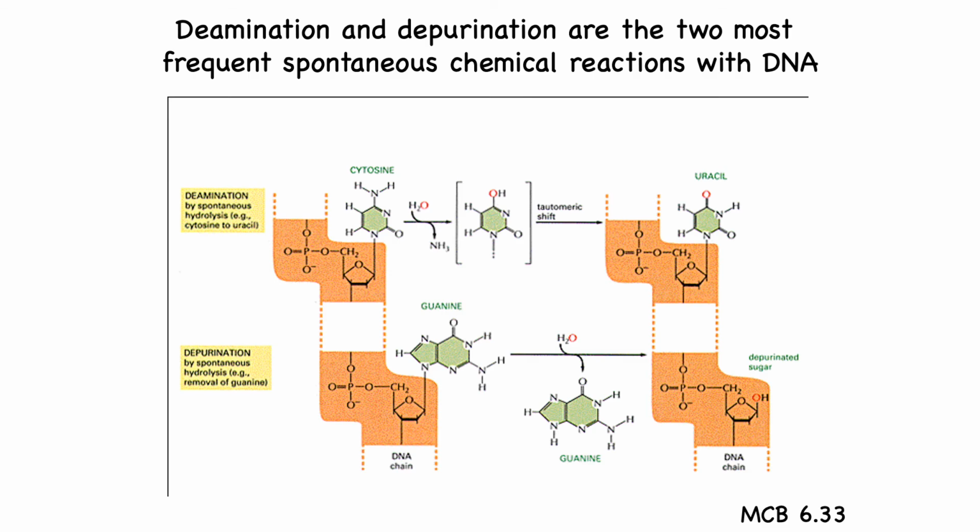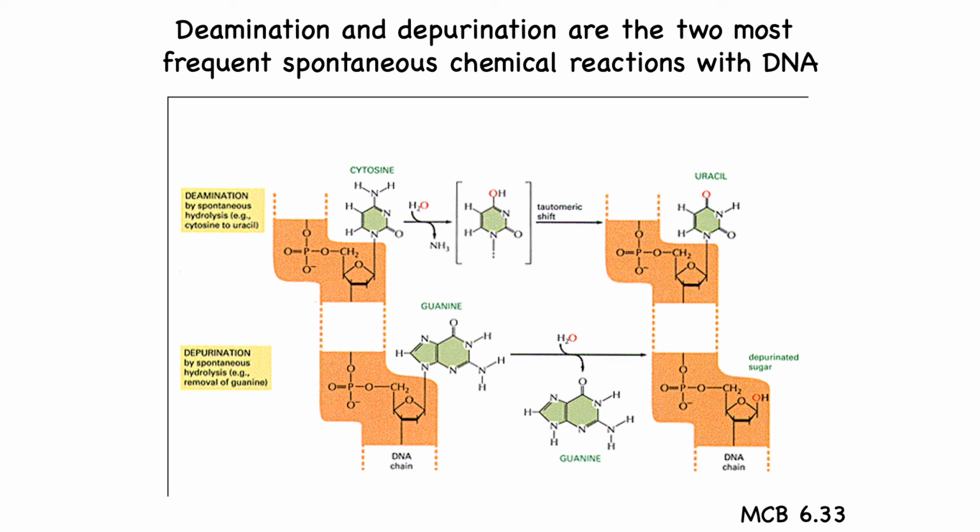Okay, I want to talk now a little bit about single base substitutions and some of the different things that we see. And I just want to impress upon you the variety and the amount of different insults that can occur in DNA that lead to a change in the base pairing. Though we don't need to memorize these, one example here is the deamination and depurination.